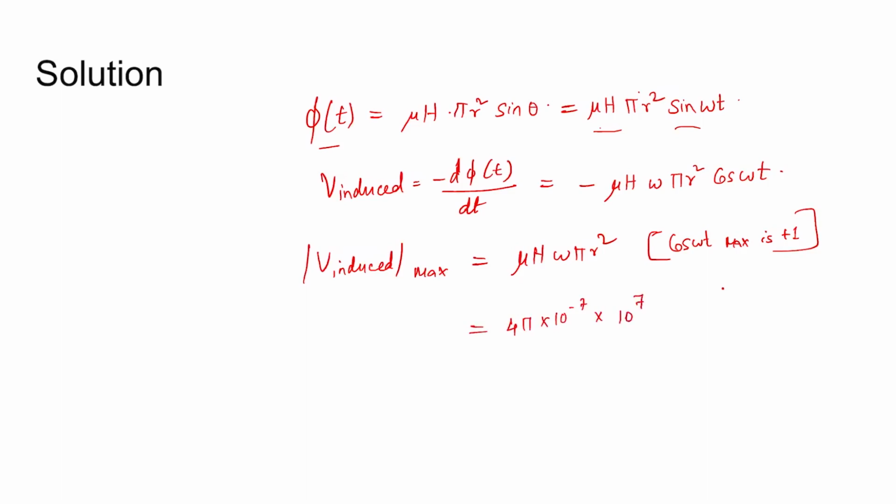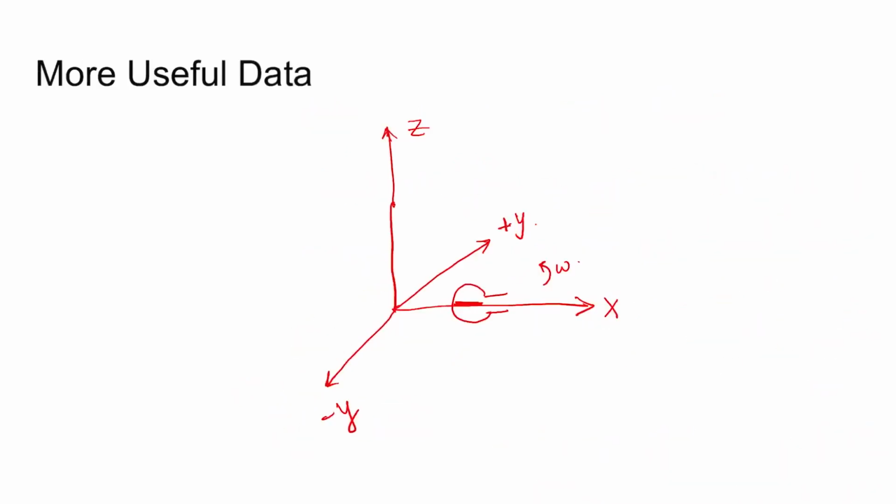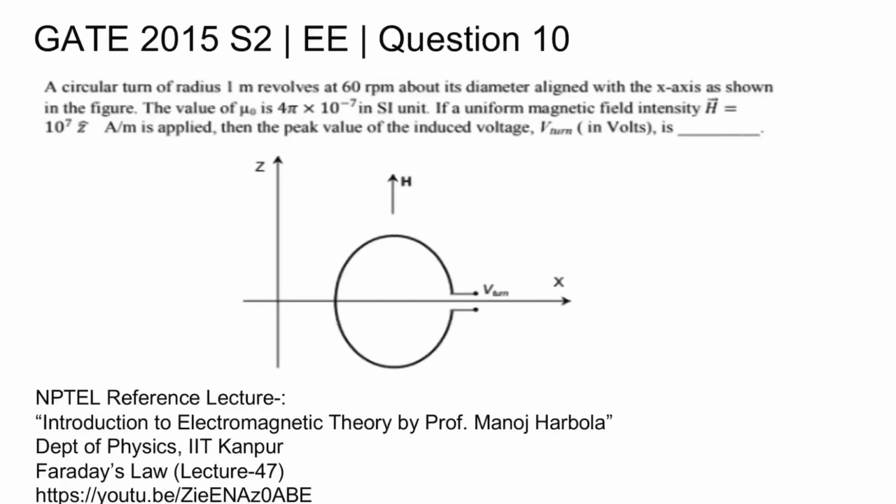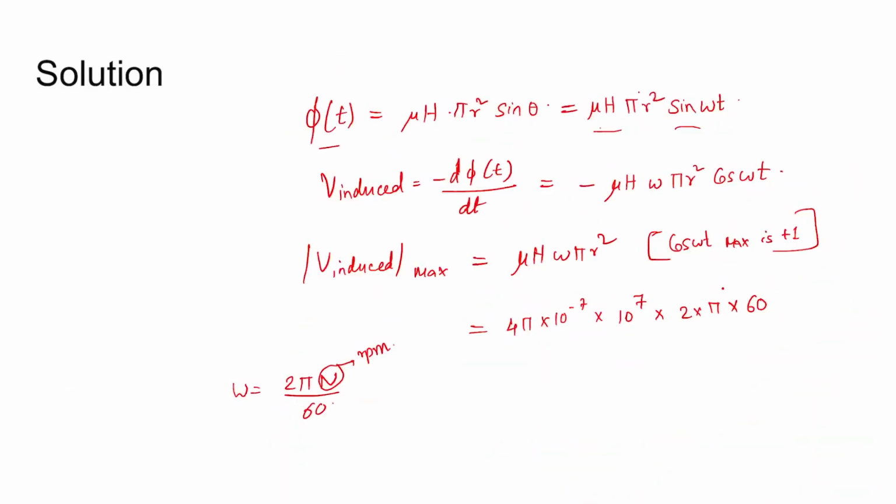Now coming to the values, mu is 4 pi into 10 to the power minus 7 multiplied by h value, which is 10 to the power 7, into omega. You need to know that omega is 2 pi n by 60, where n is rpm, rotations per minute. So 60 rpm, 2 pi n by 60.